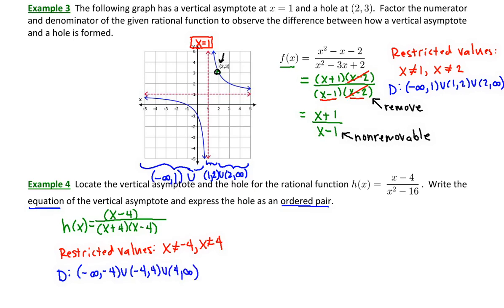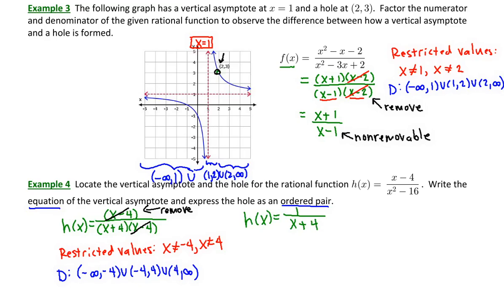Now, taking a look at the factorization of our rational function, we observe there's the common factor x minus 4 in the numerator and the denominator. So we can divide it out, we can cancel it out. Notice we are removing that factor. After canceling that factor, the reduced rational function would look like 1 over x plus 4.